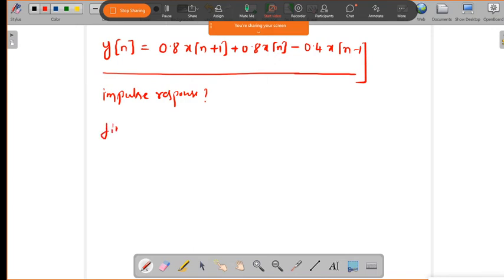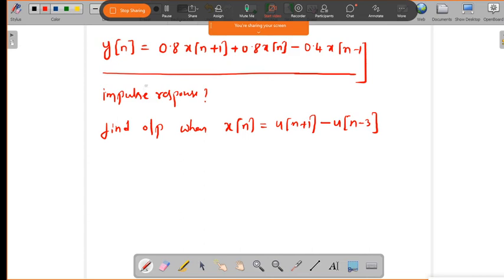You have to find the output when you give x of n equal to u of n plus 1 minus u of n minus 3. So, if I give this input, what is the output of the system? First find out the impulse response and also find whether the system is memoryless, causal and stable.